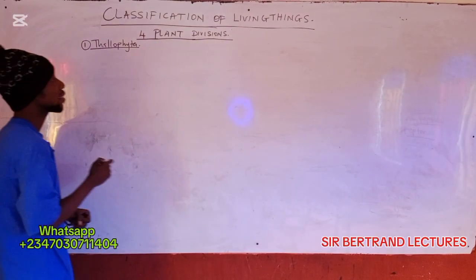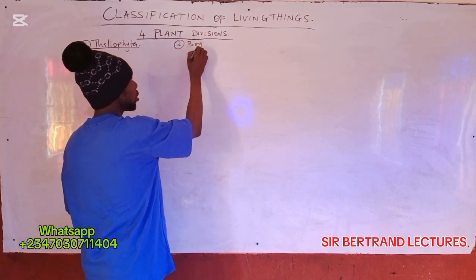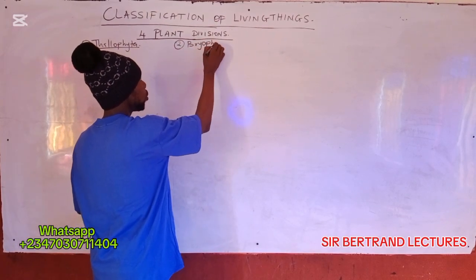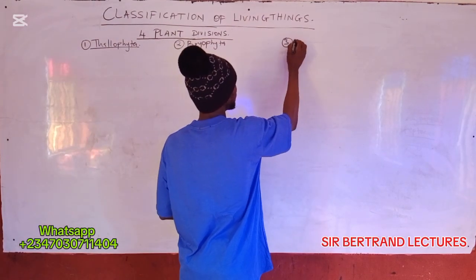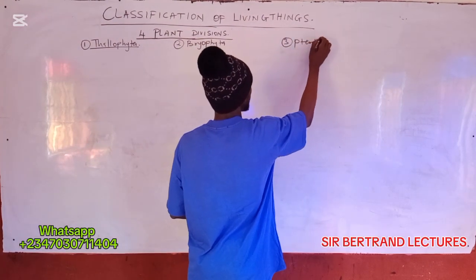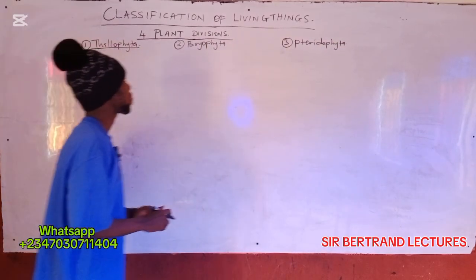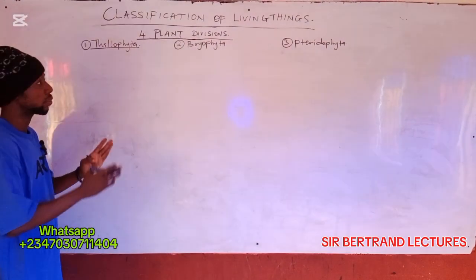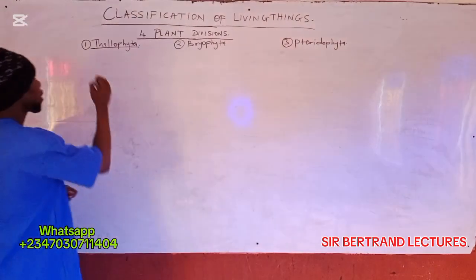Number one is Thallophyta, number two is Bryophyta, number three is Pteridophyta. Let's look at these three first, after which we look into Spermatophyta.